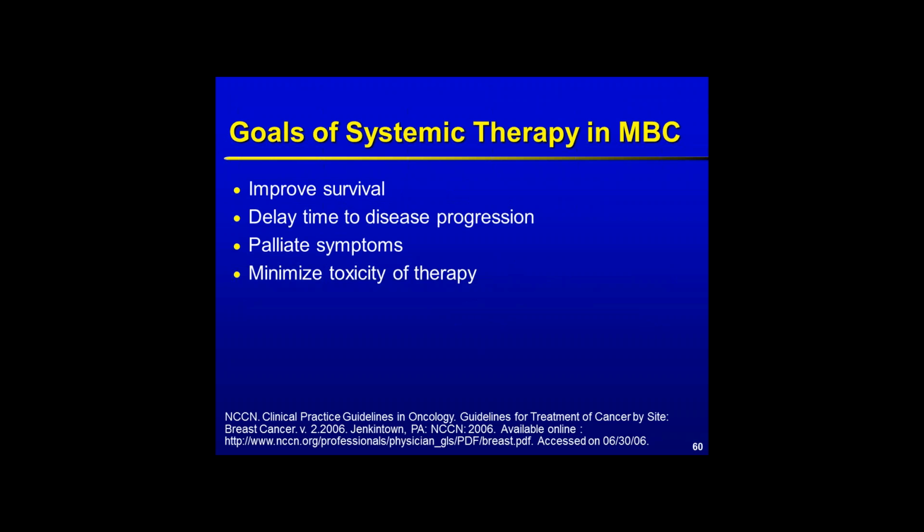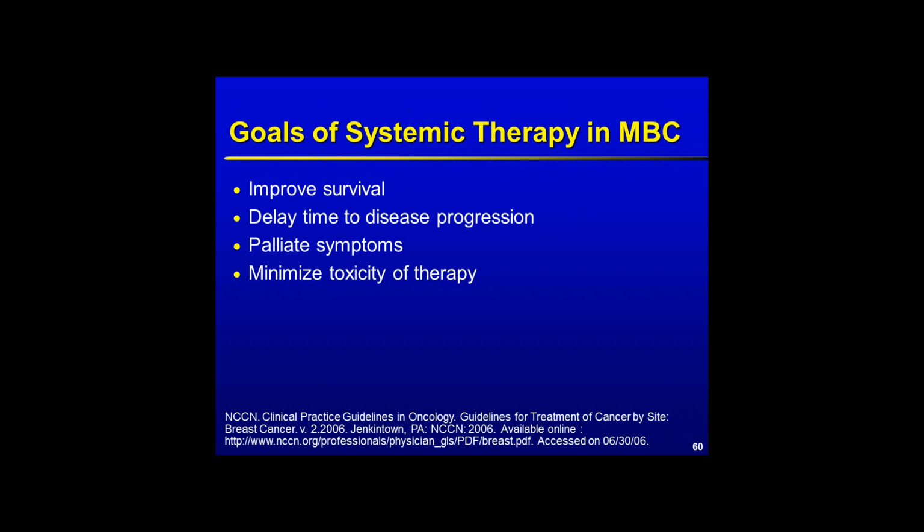Our goal is to improve survival, but we really can't talk in the vast majority of patients about curing their disease once it becomes metastatic. We can delay their time to disease progression. We can palliate their symptoms or sometimes delay the onset of symptoms. And we should also always be mindful that we want to minimize the toxicity of therapy.